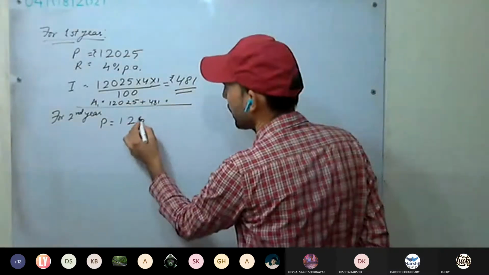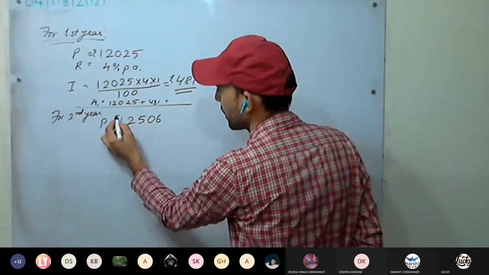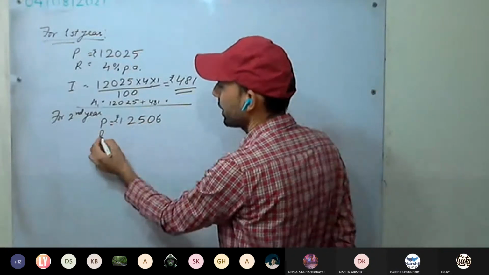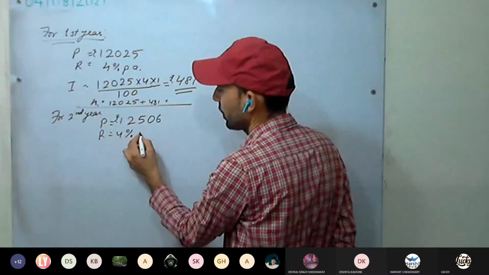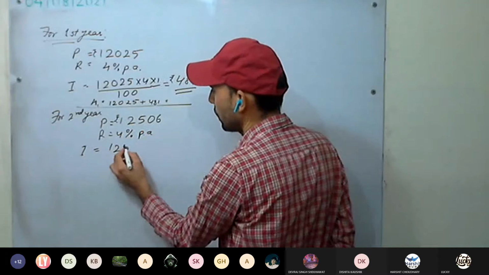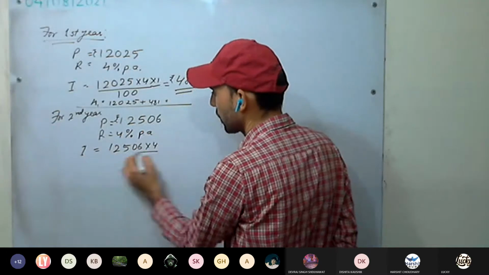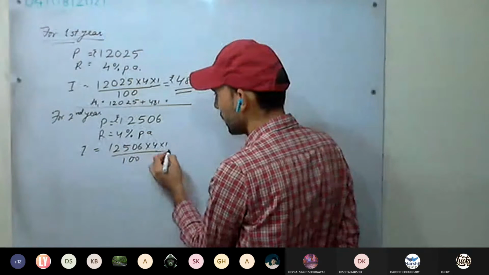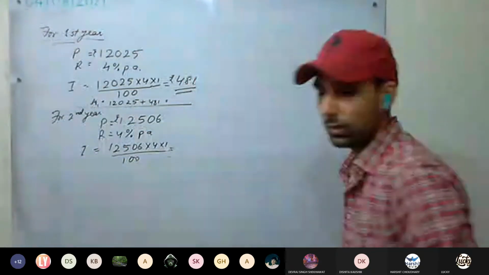It will be 12506 rupees. Okay. Rate is again the same for the second year as well. Time is 1 year. Calculate the interest. 12506 into 4 upon 100. Time is 1. Calculate it.